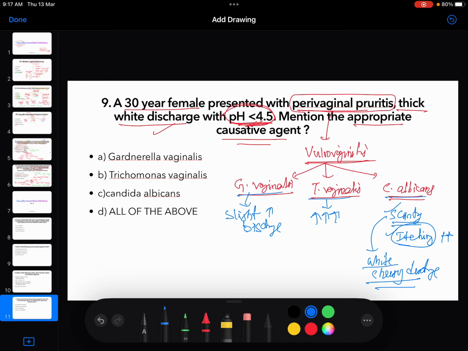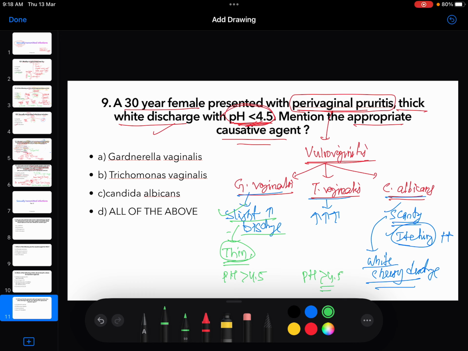And in Gardnerella vaginalis, the discharge is slightly increased, thin and homogeneous. And the pH, as we already discussed, is more than 4.5. In Trichomonas vaginalis, the pH is also more than 4.5.